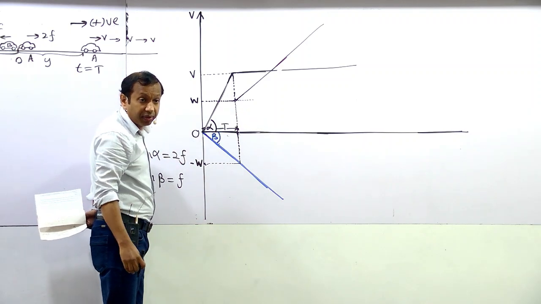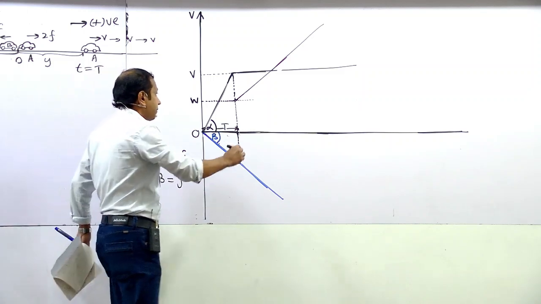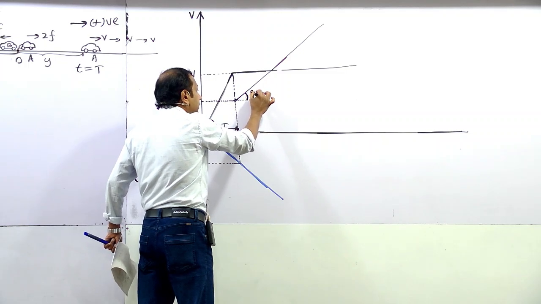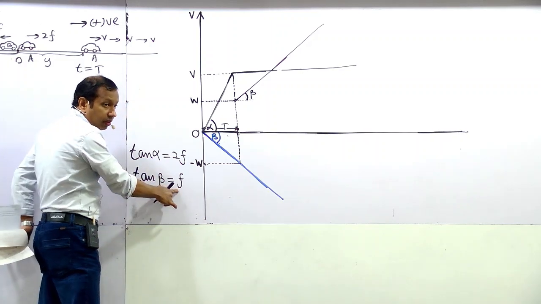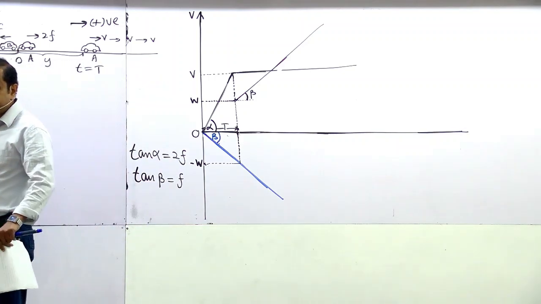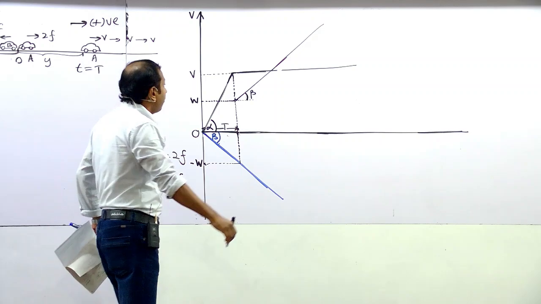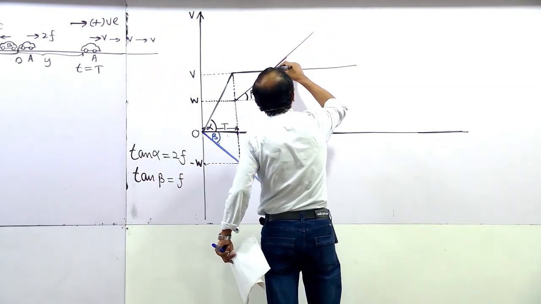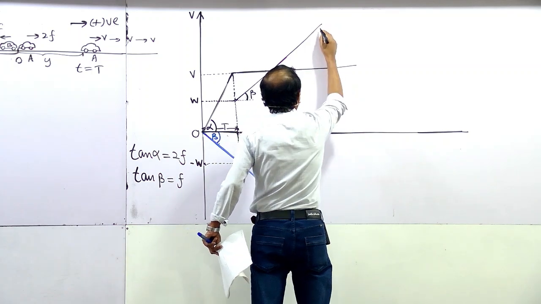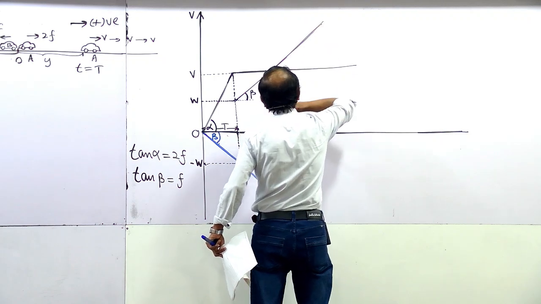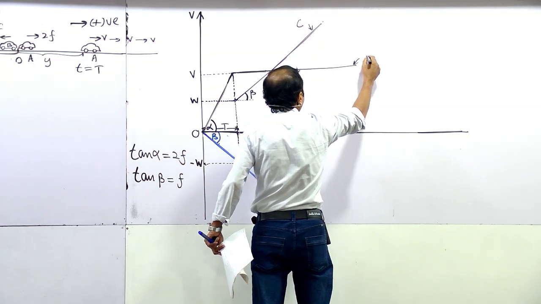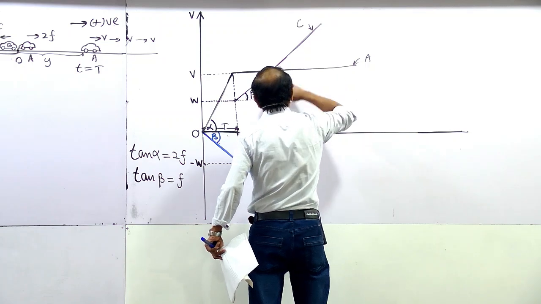It should also be beta, because tan beta should be f. This angle should be beta. Reason? Tan beta only is f. Therefore, to get acceleration f, the angle chosen is beta. Understood? Right. So this way we have the VT graph of C. This is A.